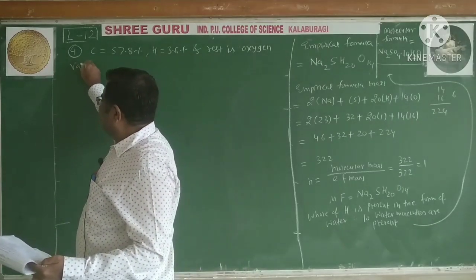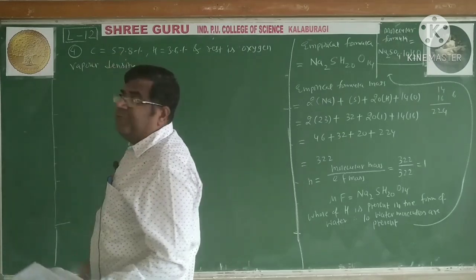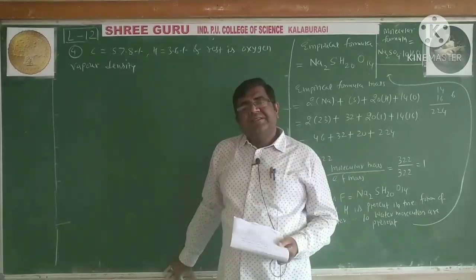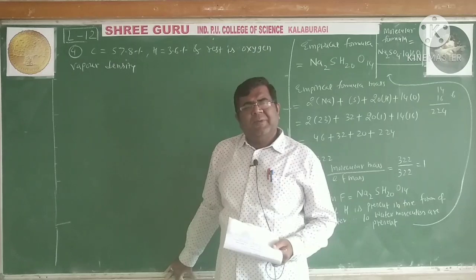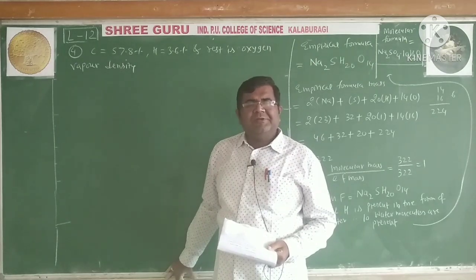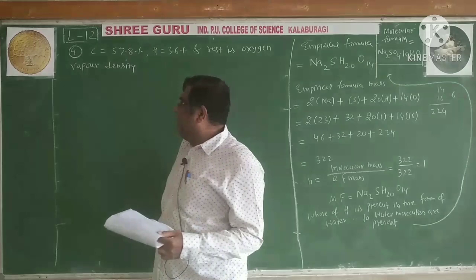Vapor density. We have written the relationship between vapor density and molecular mass. Vapor density is the density of any gas to the density of hydrogen, that ratio. And vapor density is equal to molecular mass by 2. So molecular mass is equal to 2 times the vapor density.